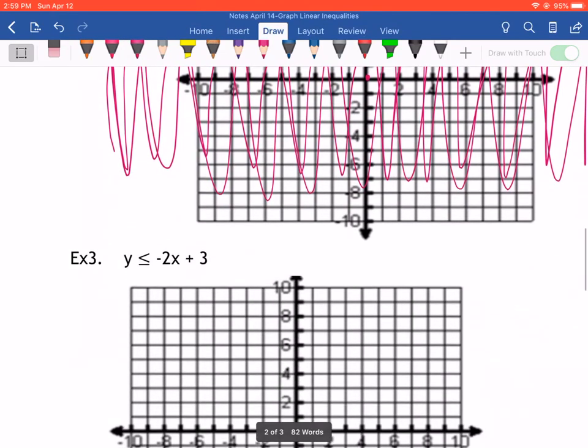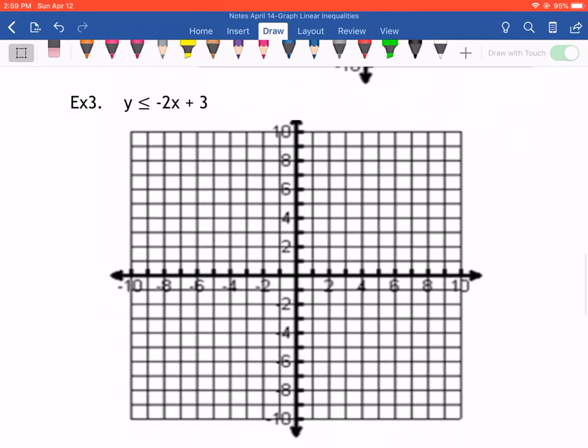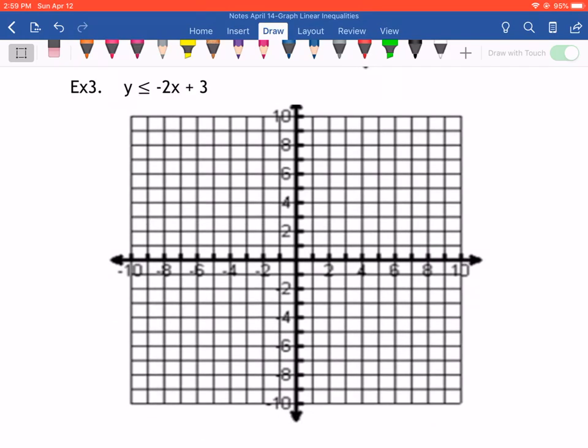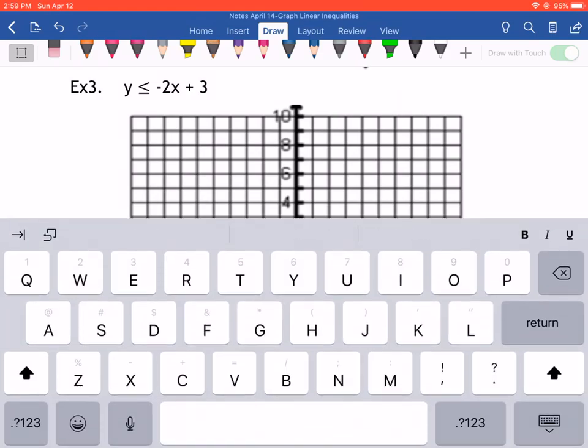All right, now let's look at example number 3. With example number 3, we're actually going to use the steps that I laid out above. Step number 1 is to plot the points as though we were plotting the graph of y equals -2x plus 3. The easiest way that I can think of to do this is to plot my b value, which is at 3 on y. So here's my b value.